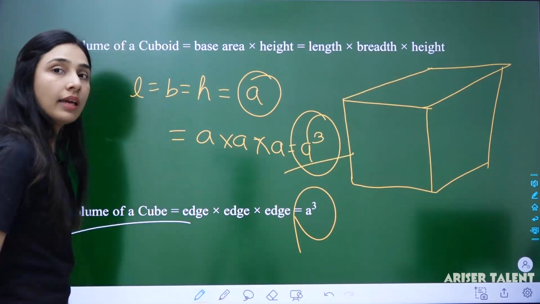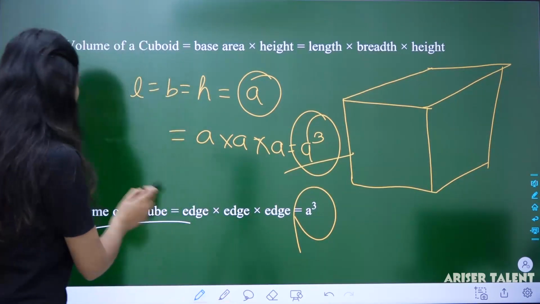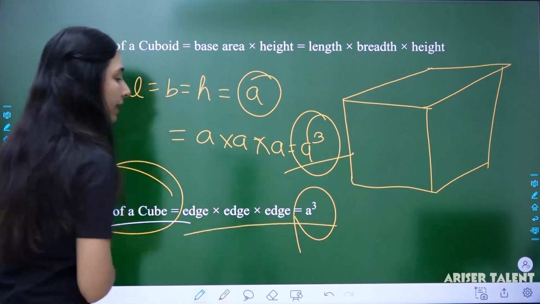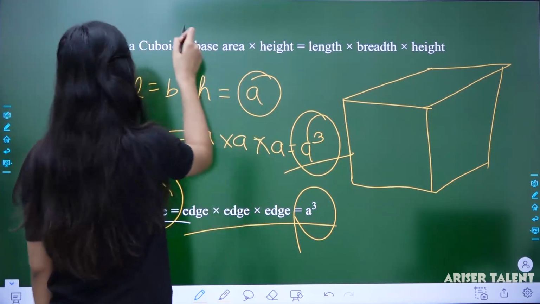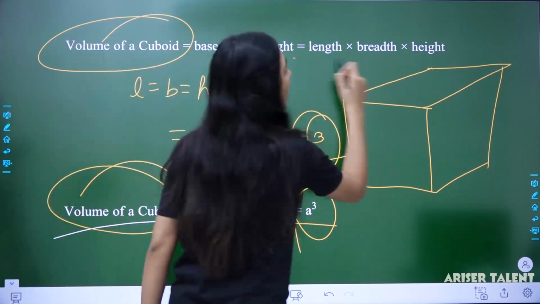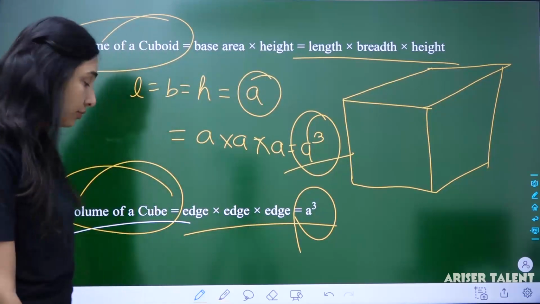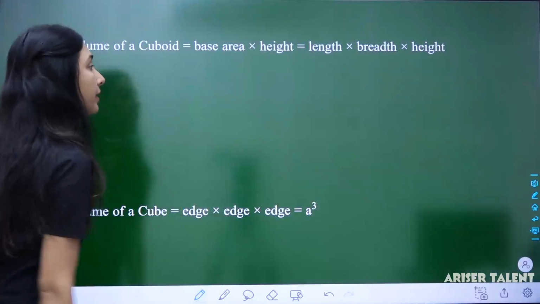A is the edge of it. So volume of cube is A cube and the volume of a cuboid is LBH. Understood? Okay.